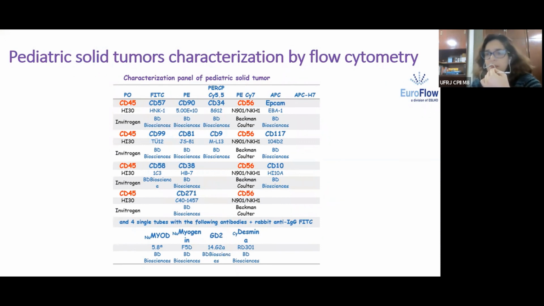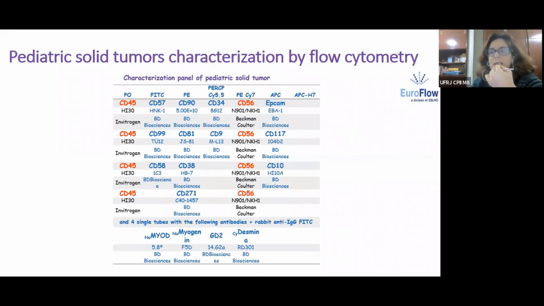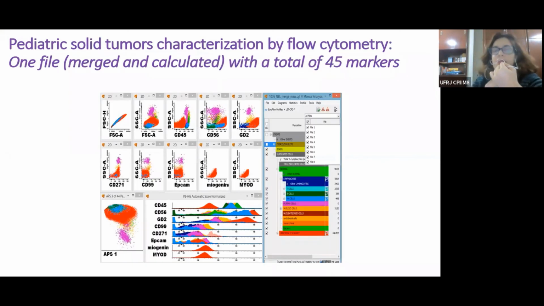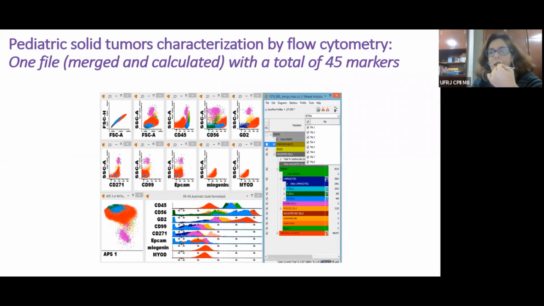It's a little bit bigger than what I show here, and for each tumor cell population of each patient, we made one file, merged and calculated, with a total of 45 markers. We put together all antibody combinations from the same patient, from the same sample, and identified tumor cells as CD56 positive, CD45 negative cells in each antibody combination.